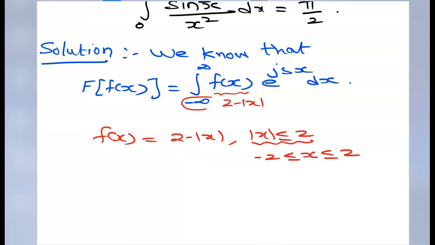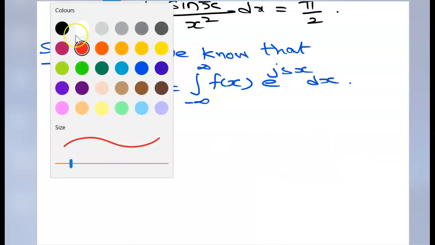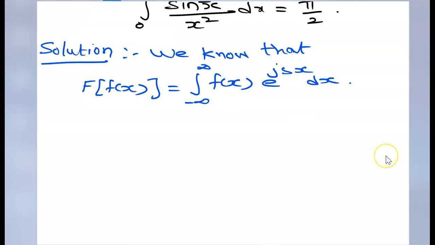Let me remove this and then we will go on to the substitution. When I saw the definition of f of x, it is defined only in the place minus 2 to plus 2, 2 minus modulus of x.